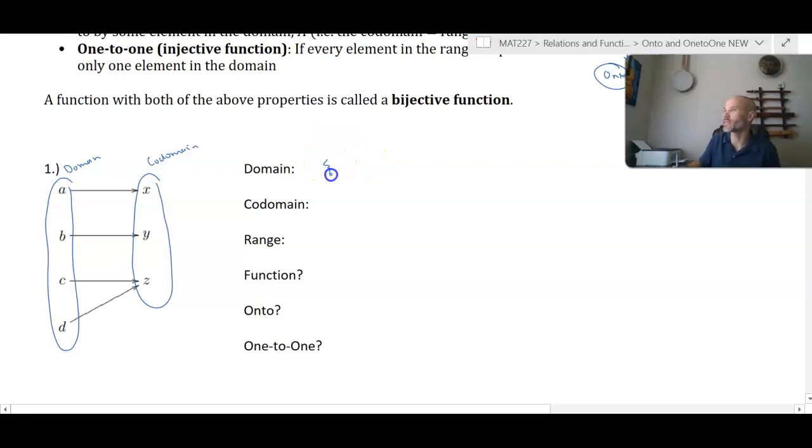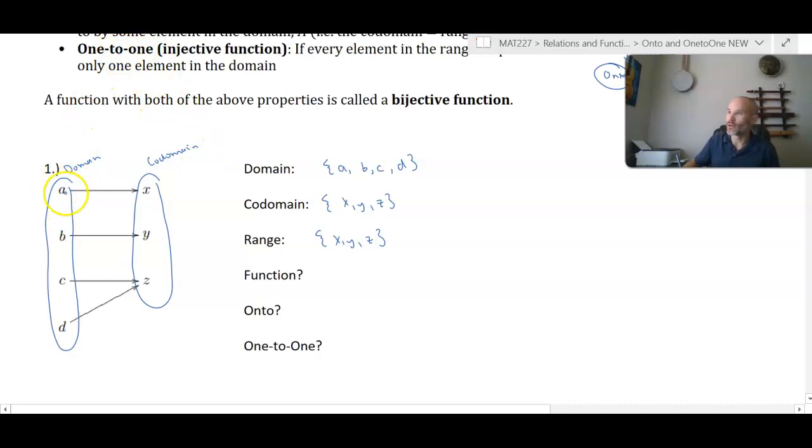So the domain in this case is the set of elements A, B, C, and D. The codomain is a set of all possible elements that can get mapped to: X, Y, and Z. The range is the set of elements in the codomain that have an arrow pointing to it. Well, all of the elements in the codomain have an arrow pointing to it. So the codomain and the range, notice, are exactly the same. Well, that by definition is an onto function.